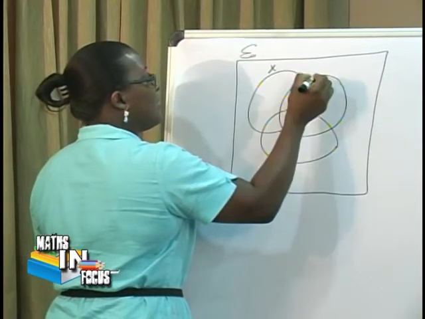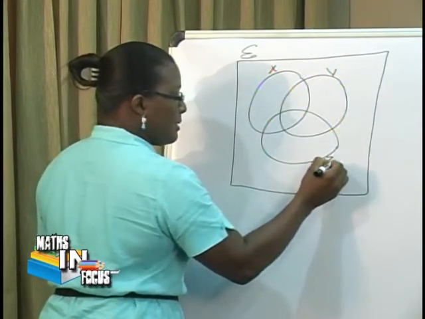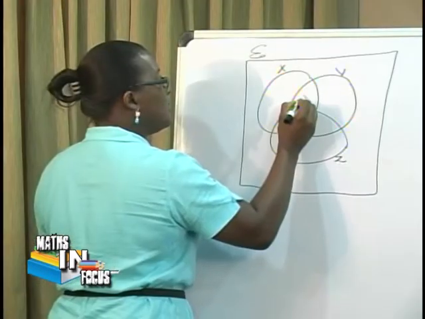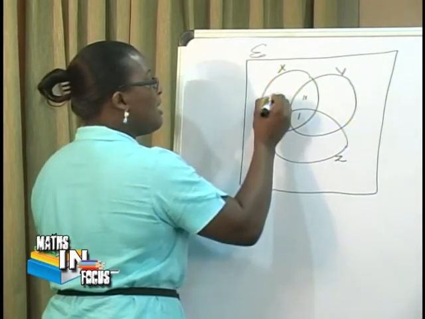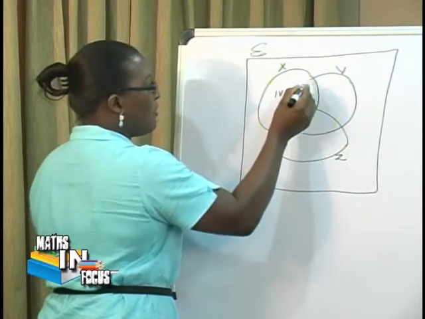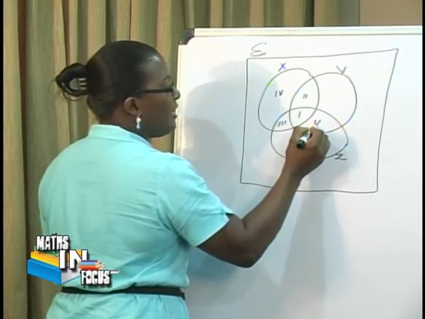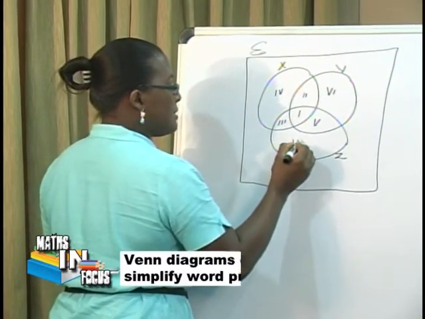We name our sets X, Y, and Z. So we have regions 1, 2, 3, 4. There we have completed X. Then 5, 6, 7.